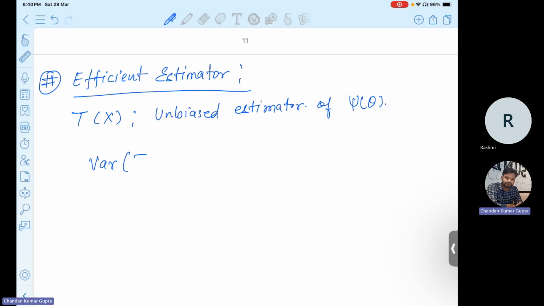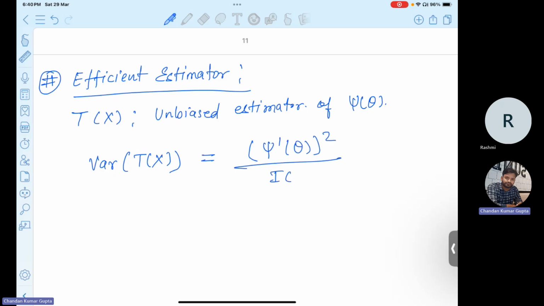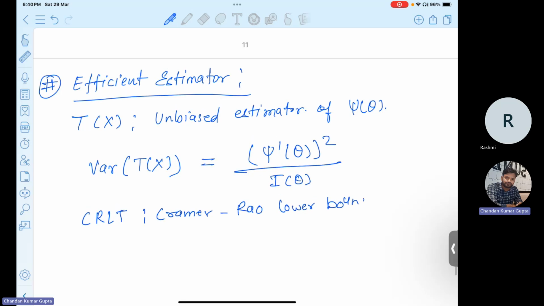That means the variance of T(x) is equal to psi dash of theta whole square divided by I(theta). If this condition holds, this is the Cramer-Rao lower bound, and then T(x) is called the most efficient or efficient estimator.